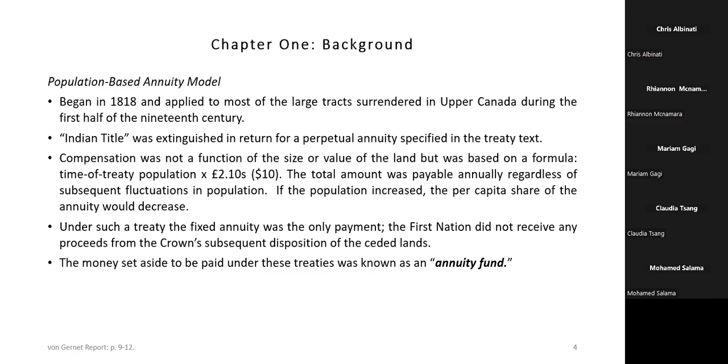So the First Nations may have thought that the value would always be based on that calculation, but I believe what you're saying is that the agreement was based on time of treaty population. That's correct. But I would disagree that it should be characterized as an assumption. It's a fact that the per capita distribution or the per capita amount is less.